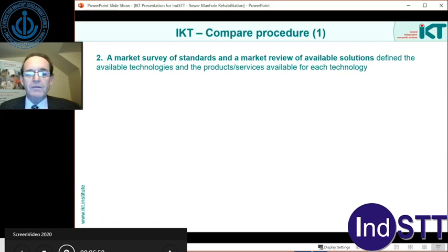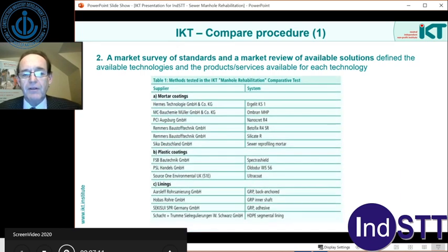We then undertook a market survey of standards, but also the available solutions and technologies. What was out there that was available to them to undertake rehab, and that needed to be compared. Essentially they fell into three technologies: mortar coatings applied to the inner surface of the manhole rings, plastic coatings, which could be sprayed on, for example, or applied in various ways, and then linings.